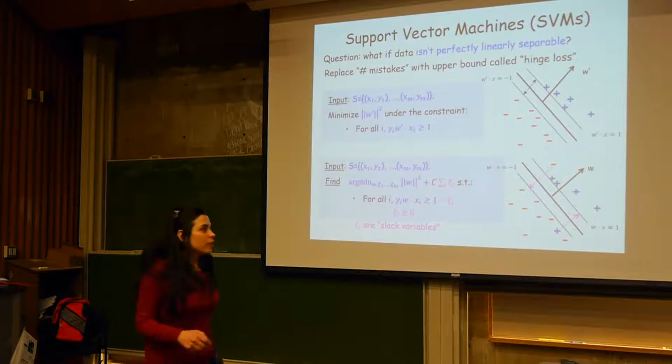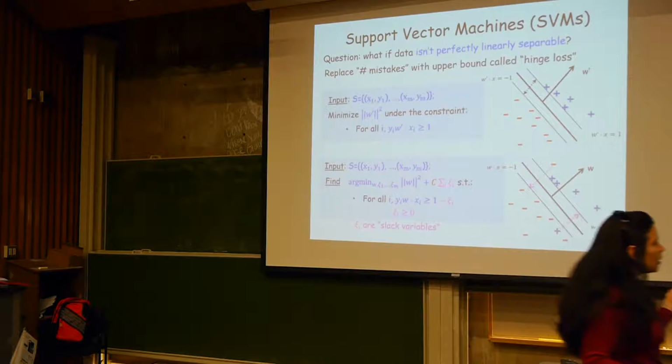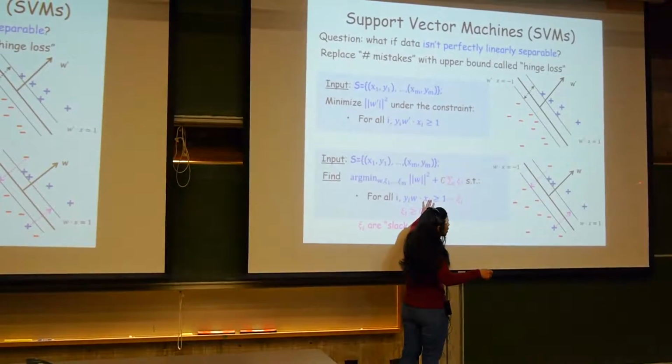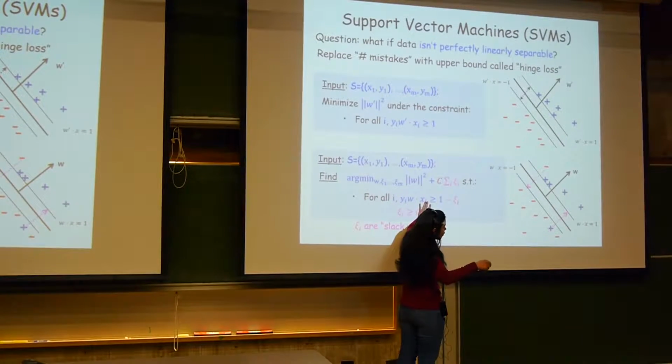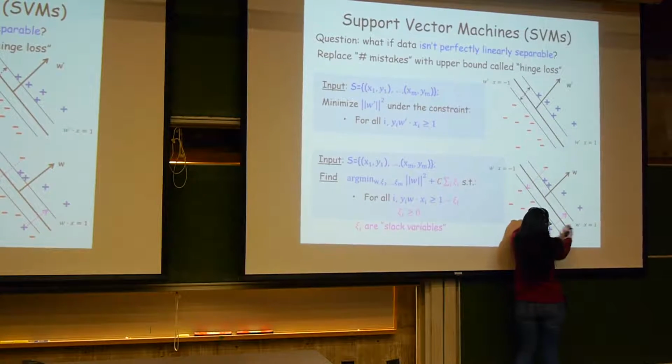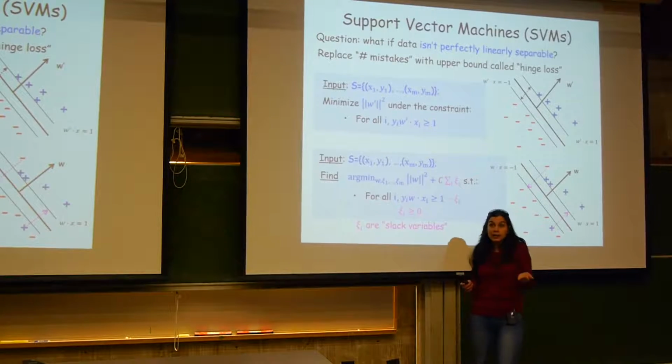So what I'm doing now, once I have a little bit of noise, is allowing certain positive examples to violate this constraint because I have no way around it. I'm not going to force all the positive examples to be on this side of the hyperplane. I'm going to allow them to be somewhere in a different place, like this example here.